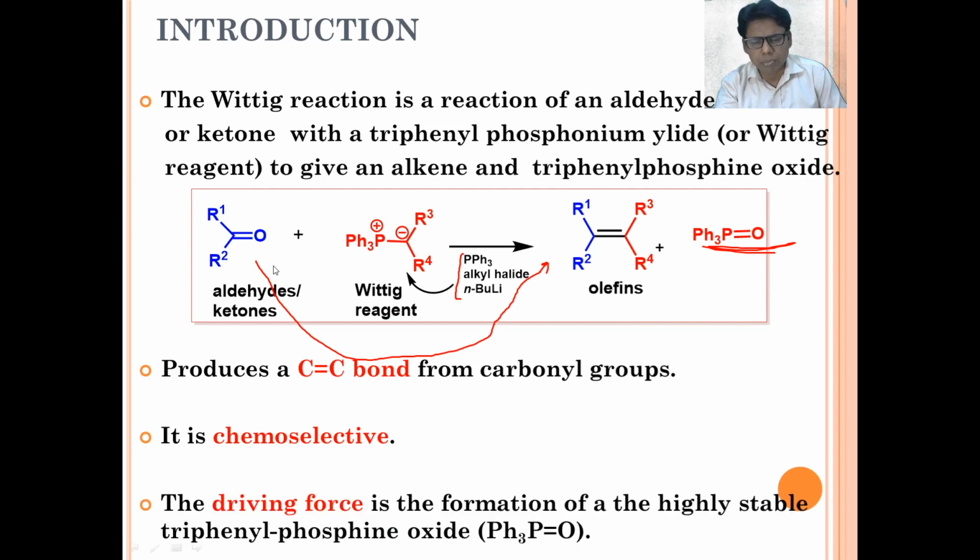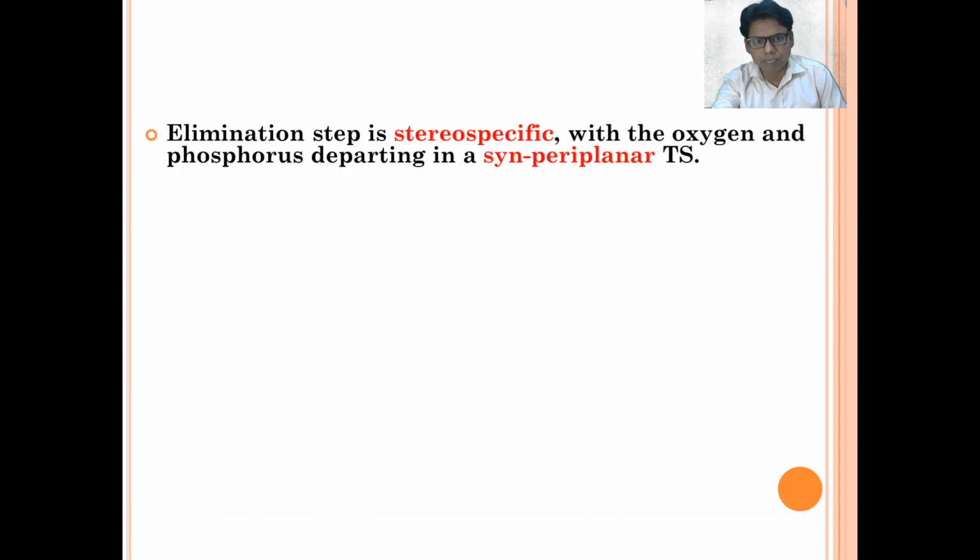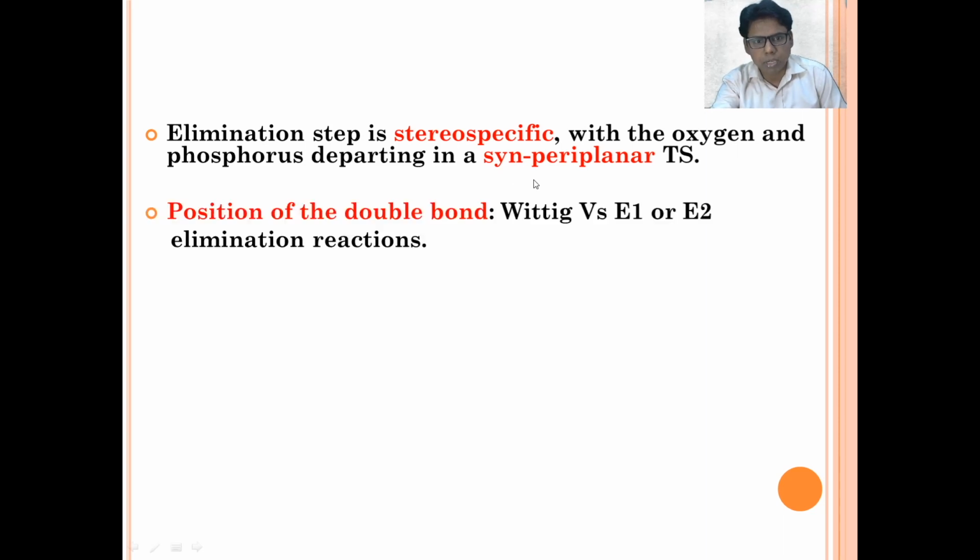The driving force is the formation of highly stable triphenyl phosphine oxide. That again we'll see in the mechanism. Now this elimination step is highly stereospecific, with the two leaving groups, oxygen and phosphorus, departing in a syn periplanar transition state. Again, this part we'll see in the mechanism.